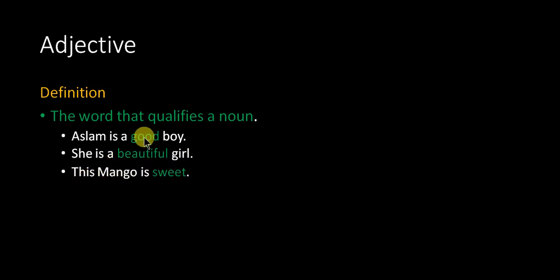So we can say good, beautiful and sweet qualify the noun. So these are called adjectives. So any word that qualifies a noun is called an adjective. Understand, dear students?